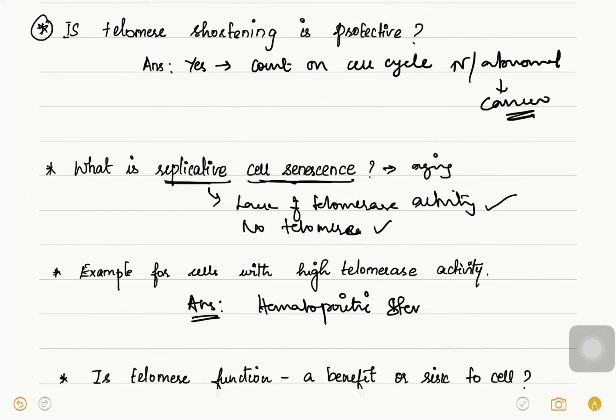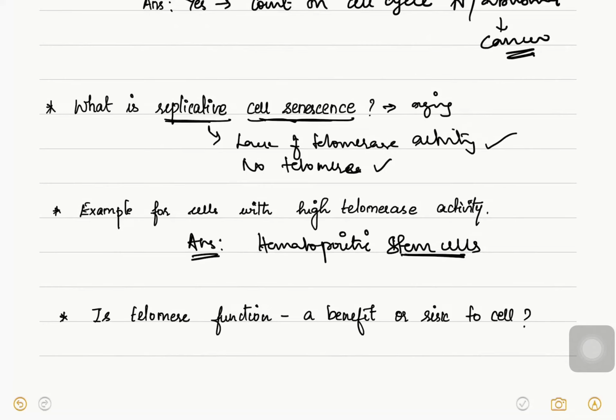For that we need hematopoietic stem cells. Hence, if the telomerase activity is very low in those cells, there won't be any production of bone marrow cells, and there will be a lack of RBC, WBC, platelets, everything. Hence, those cells have to multiply continuously in our body till our death. So that is one important example.